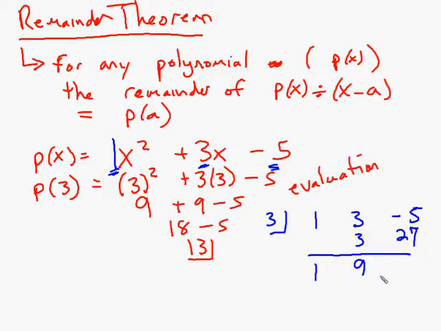How did I do it wrong? 3 plus 3 is not 9, it's 6. Thank you. So this is 18, minus 5, which is 13. And then negative 5 plus 18 is 13. That's my remainder. Notice it's the same.